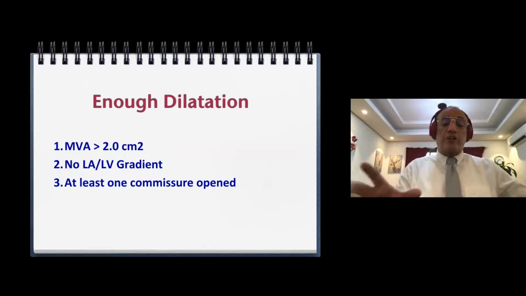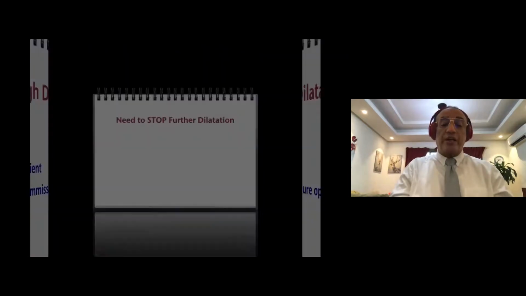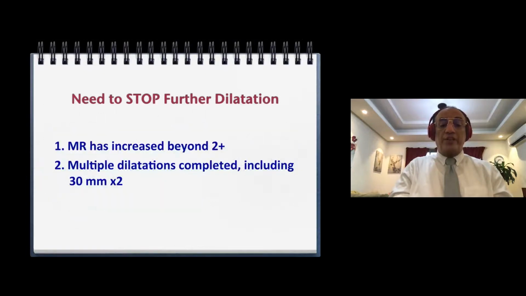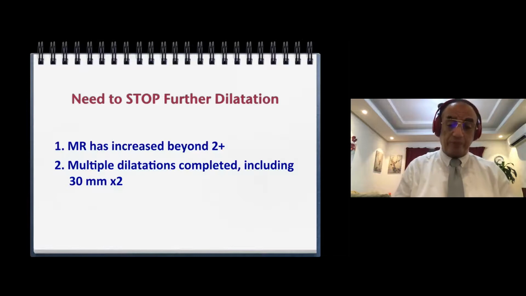And in angiography, if you see the waist of the balloon is open, this is an indication of commissural splitting. If we need to do another dilatation, no. If you get mitral regurgitation grade 2, don't do dilatation even if there is a residual gradient, because if you do another dilatation by increasing the size of the balloon, definitely the mitral regurgitation will increase, so it will change the pathophysiology from mitral stenosis to mitral regurgitation.